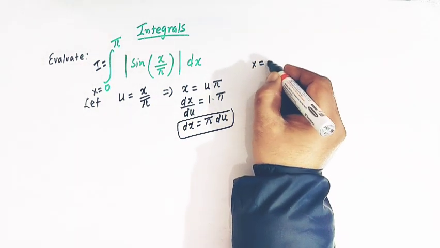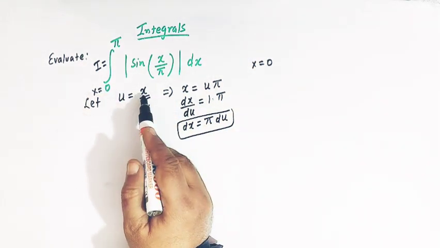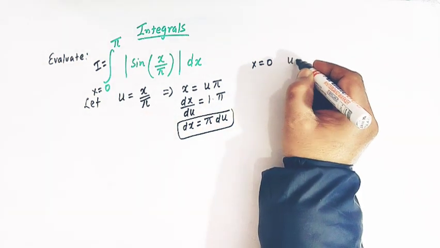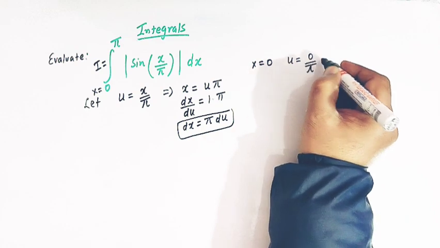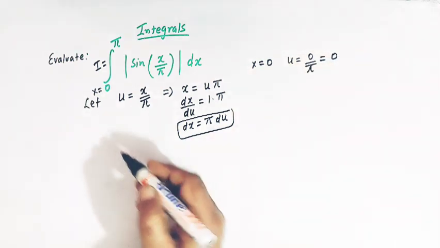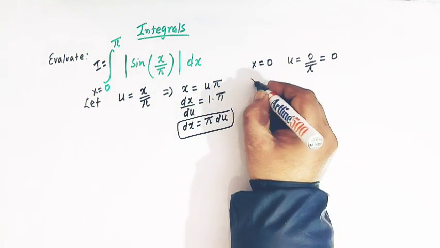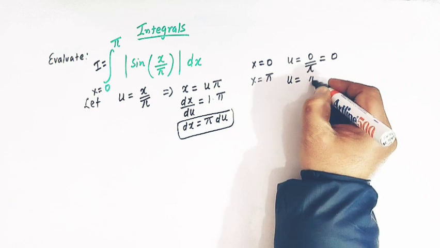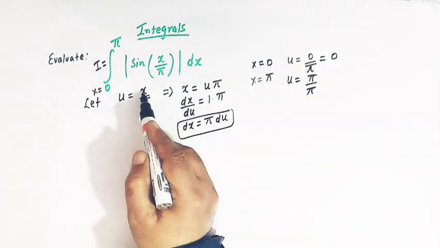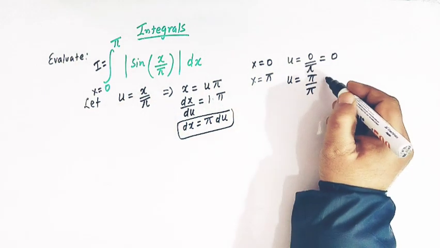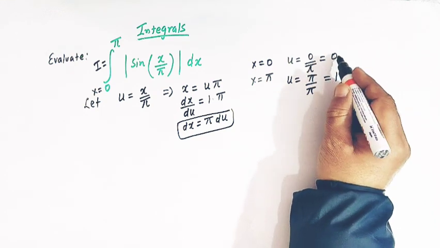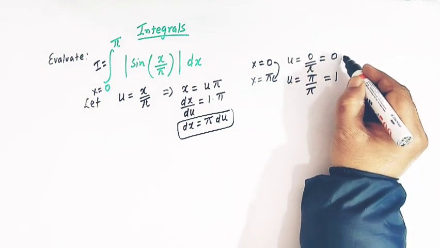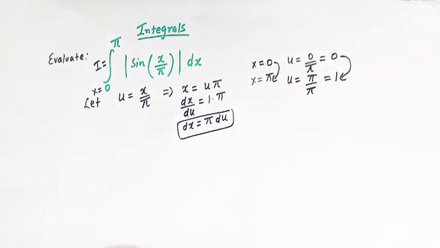When x is 0, u is 0 over pi, that is 0. The upper limit is x equal to pi, so u is pi over pi, which is 1. So when x varies from 0 to pi, u goes from 0 to 1.